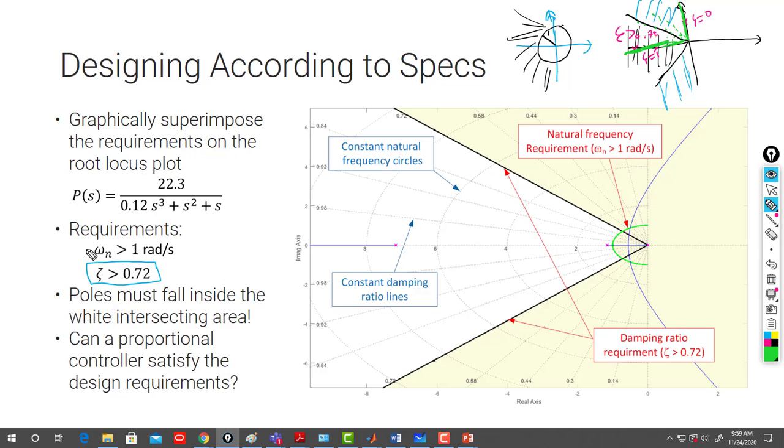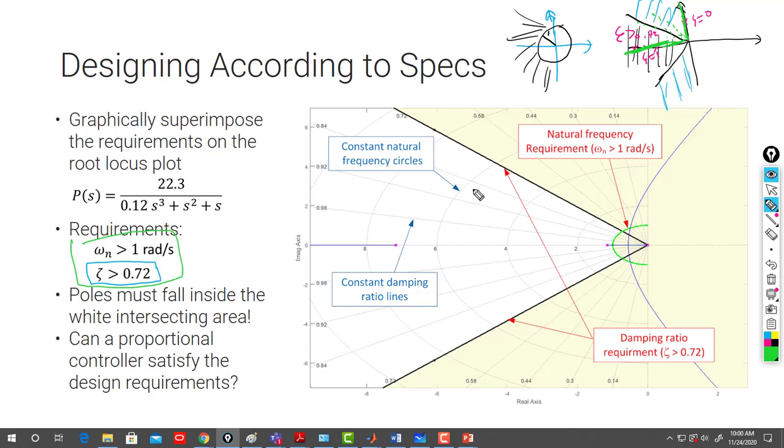These are my two design requirements. In MATLAB you will see this notation: the white zone is the allowed zone. Any pole inside this white zone satisfies your requirement.